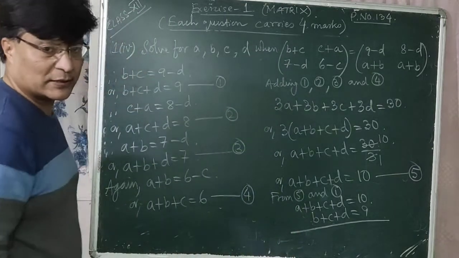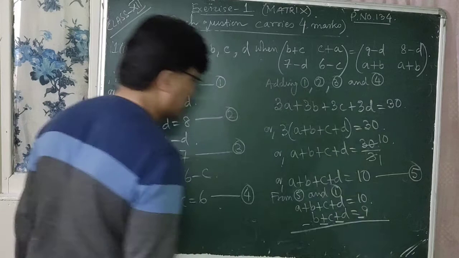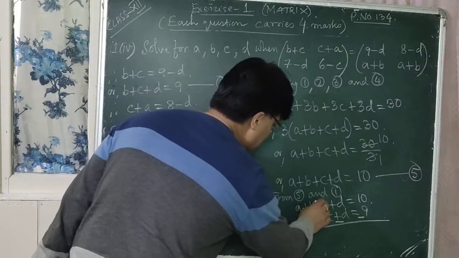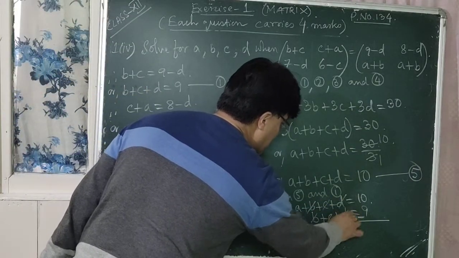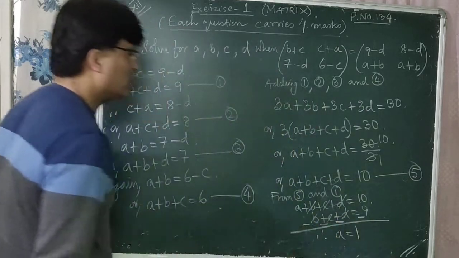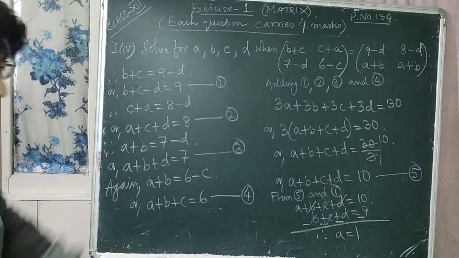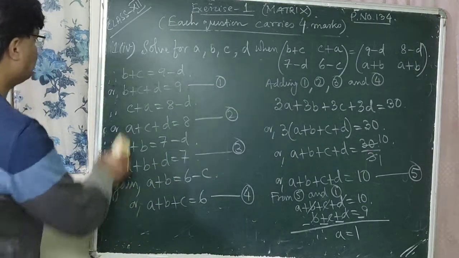So now subtract it, minus, minus, minus, minus. So B gets cancelled, C cancels, D gets cancelled. So what do we get? That is A is equal to 1. So we have got the value for A.